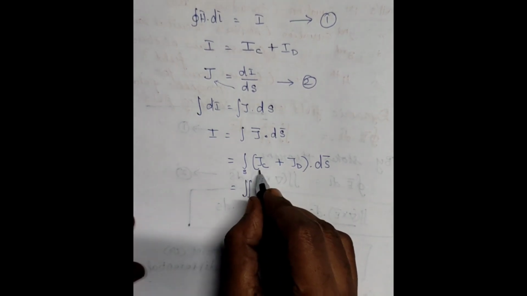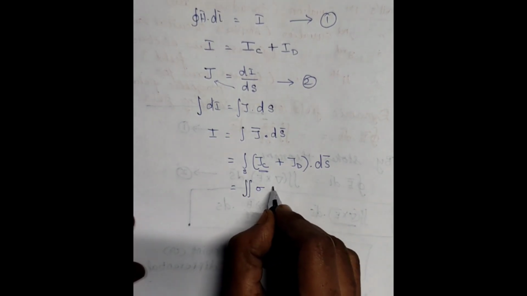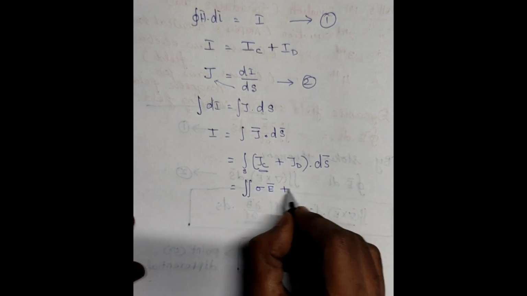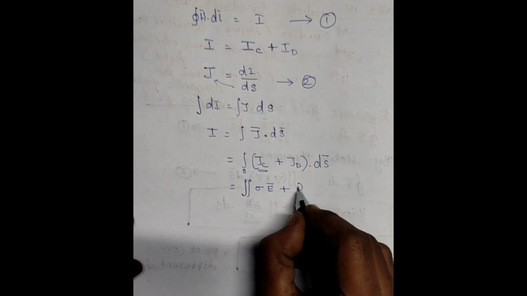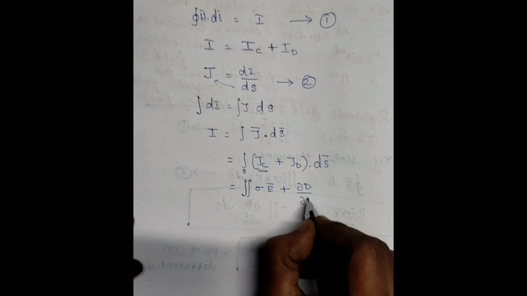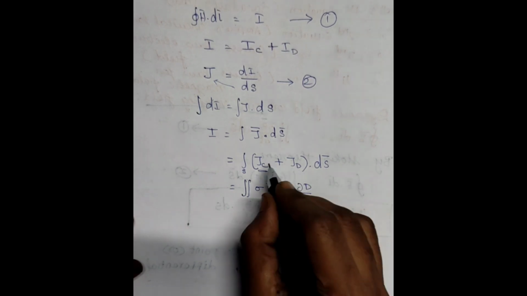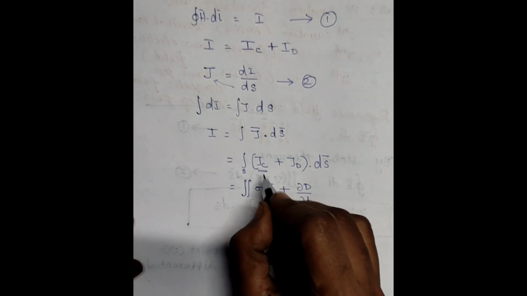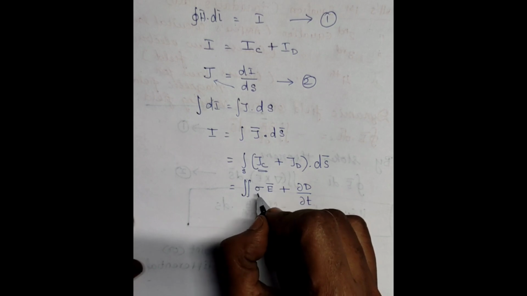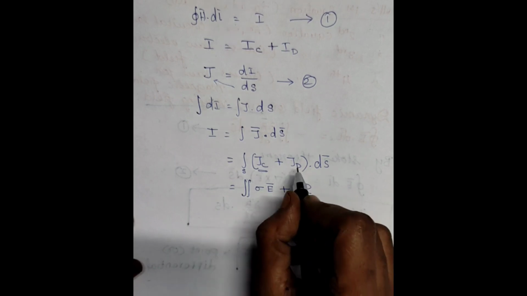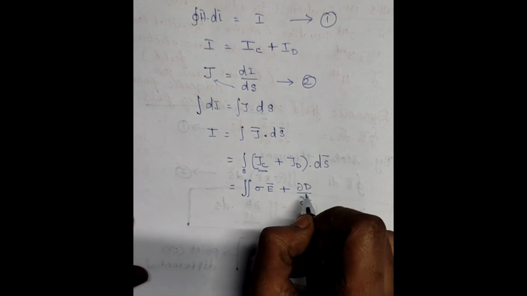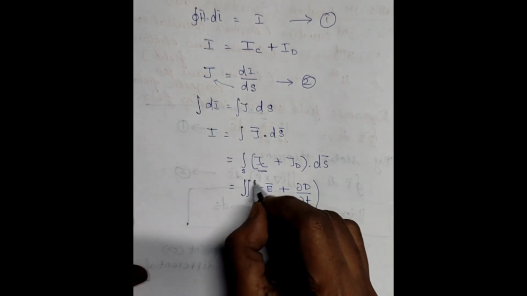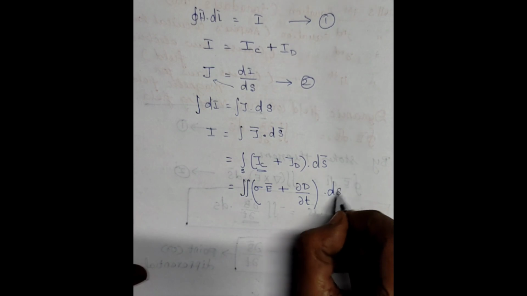Instead of Jc I am going to take sigma E, and instead of Jd I am going to consider dou D divided by dou t. Conduction current density consists of conductivity and displacement current density consists of electric flux density, dot ds vector.